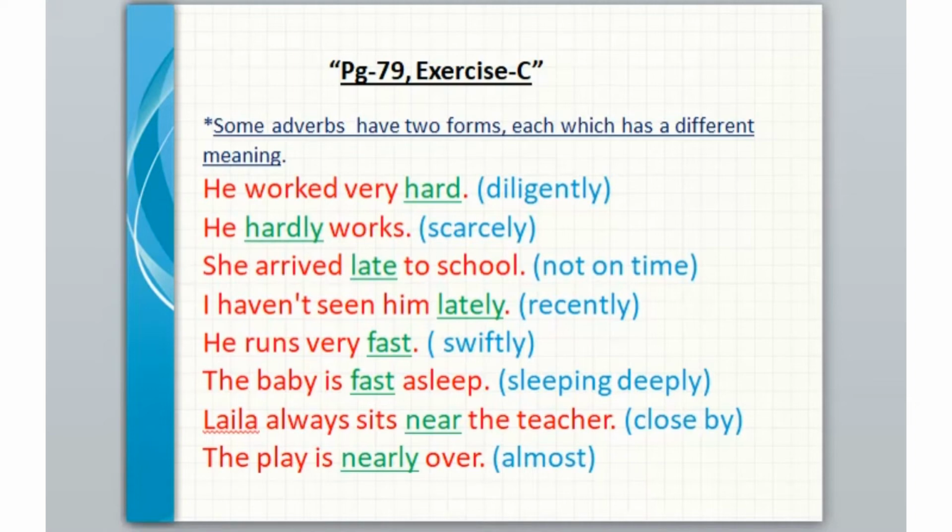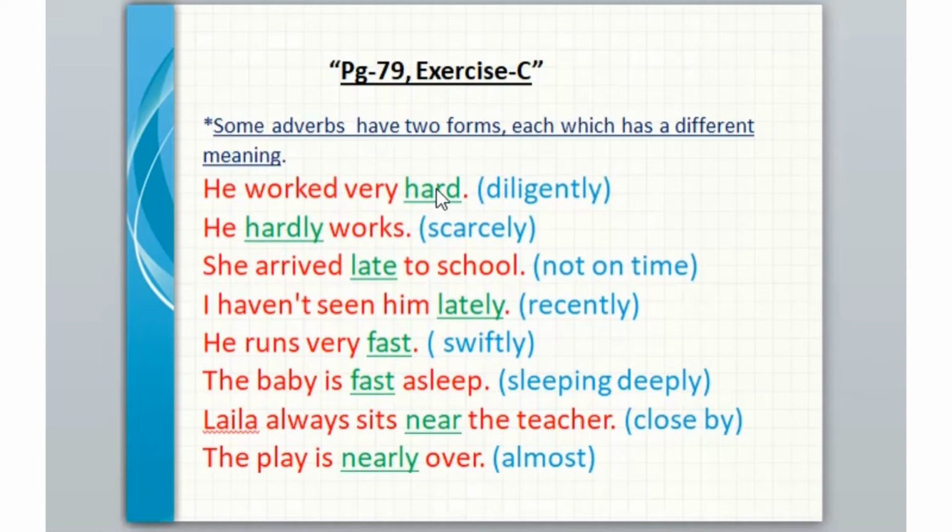So in exercise C, students, like I explained before, here we'll be working with adverbs. The two kinds of adverbs: one kind is where the adjective form and the adverb form are used in the same way. We do not add ly in the spelling.